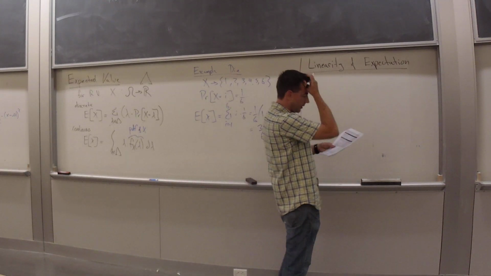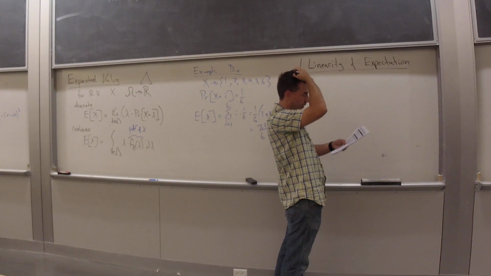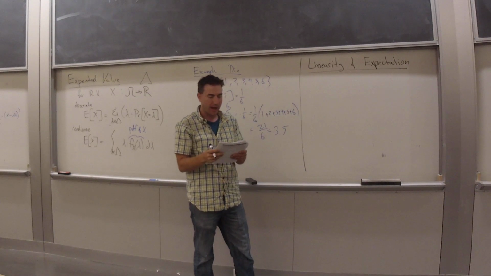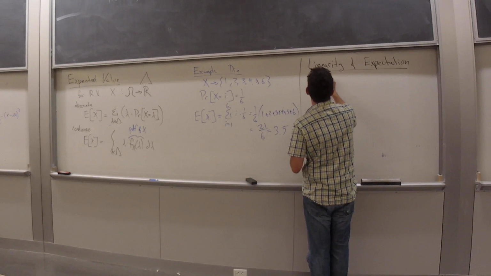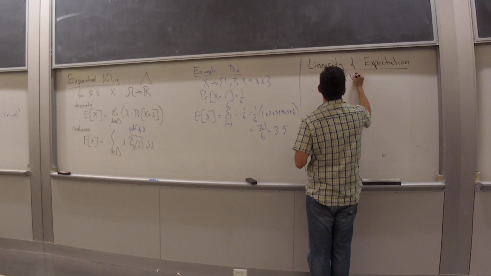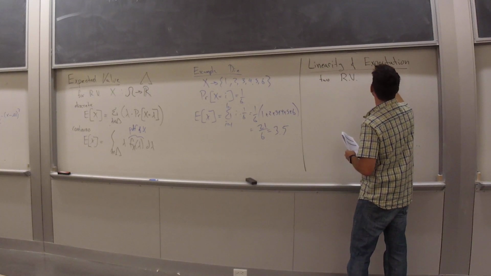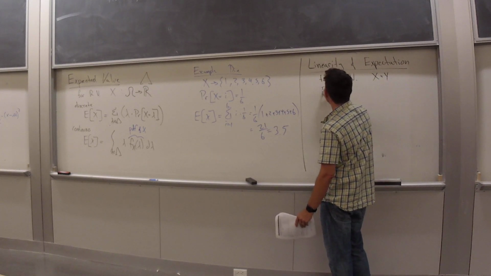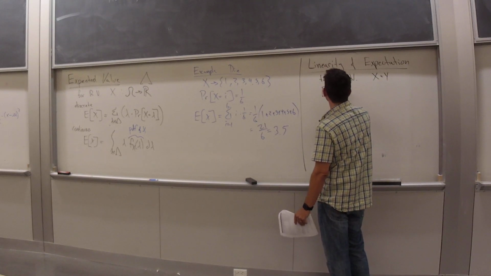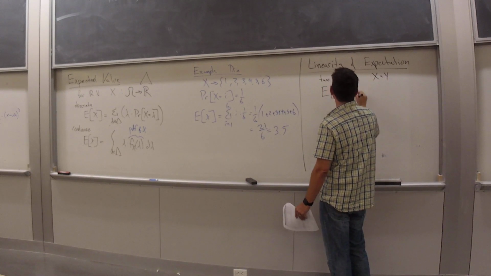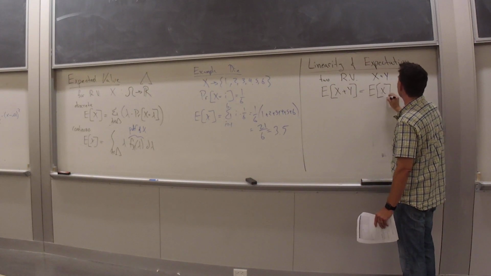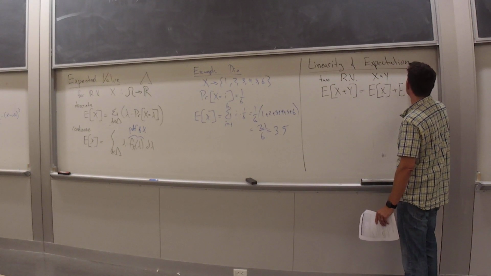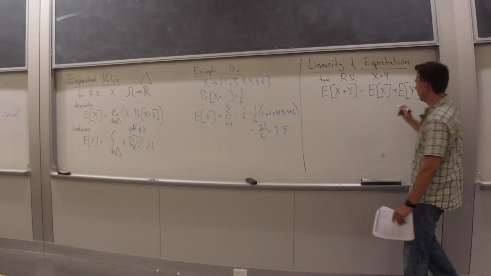So that means I can factor out these components. Let's say I have two random variables, x plus y. Then I can write the expectation of x plus y is equal to the expectation of x plus the expectation of y.